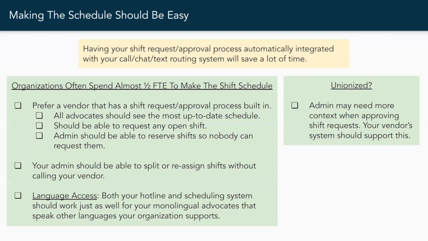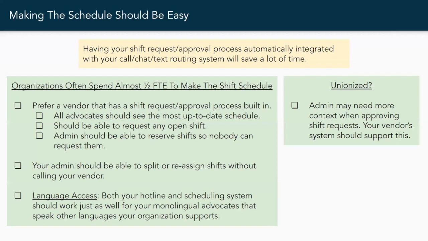And then the last thing is language access. I'll share a story that a lot of you are probably familiar with, but I just wanted to be top of mind. One bilingual English and Spanish speaking advocate shared with me that when she's on the phone with monolingual Spanish hotline callers, those calls can be 45 minutes or so, and they go into a fair amount of depth.